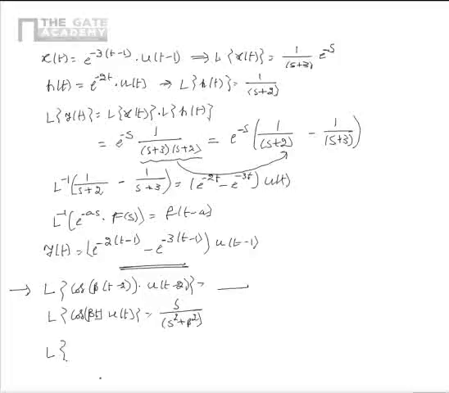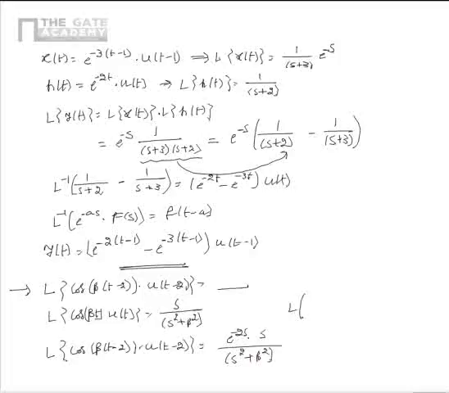From this, we can write that Laplace transform of cos of beta into t minus 2 multiplied by u of t minus 2 is equal to e power minus 2s into s divided by s square plus beta square.